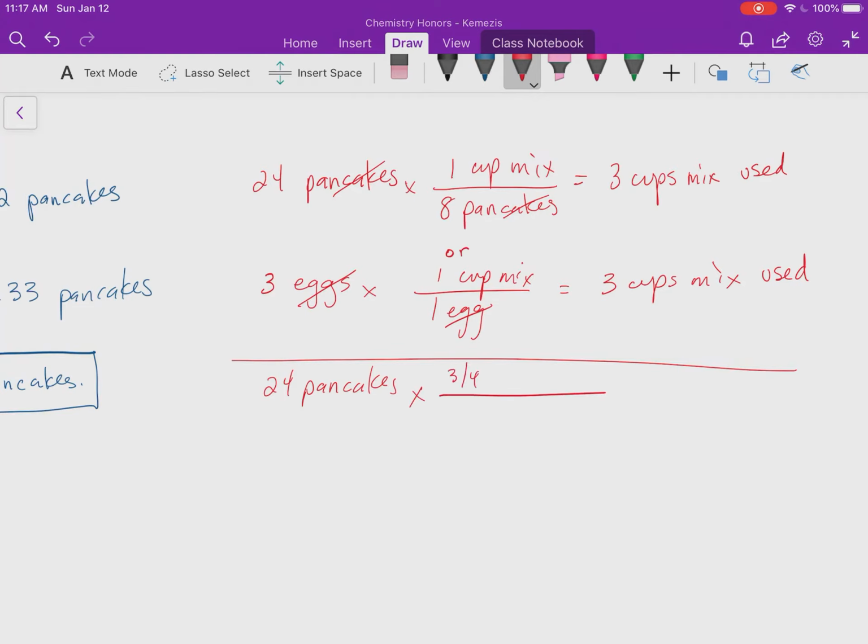So there's 3/4 of a cup of milk used for every 8 pancakes made. And if we get this, 24 divided by 8 times 0.75, so we use 2.25 cups of milk.